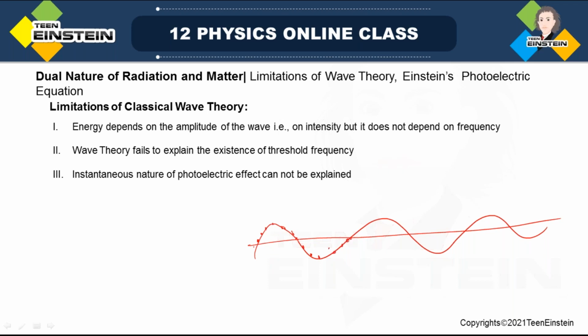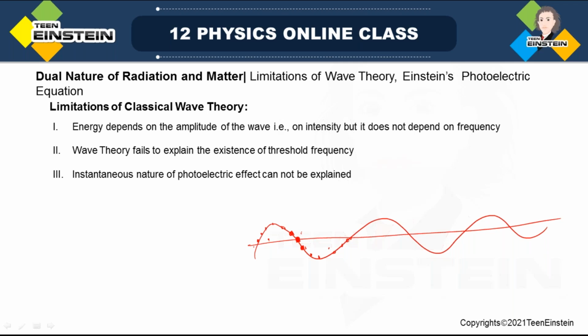Suppose I have some electron over here, in the metal surface, which is interacting with, or intersecting, the wave at this particular position. Since it is a wave, the energy is spread over a region of space.